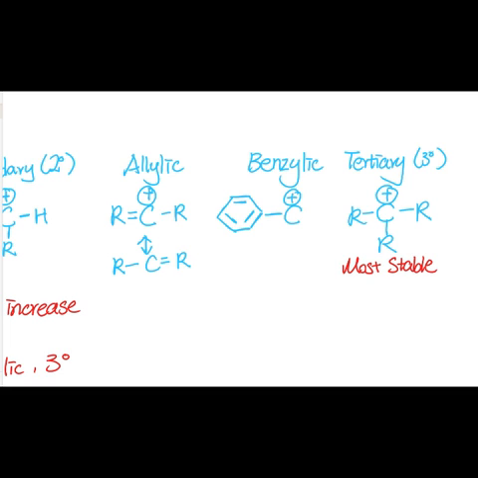And for benzylic, the electrons inside a benzene can delocalize. We can't find a definite structure for a benzene ring, because it is constantly changing, so it will have a different structure depending on when we look at it, right?